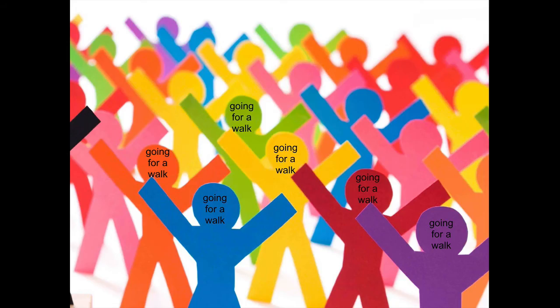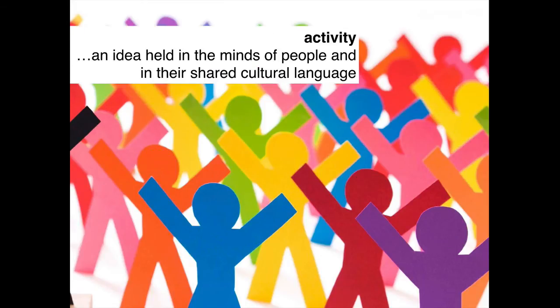Let's think of going for a walk to give an example of how to differentiate between activity and occupation from Pierce's perspective. If I say, let's go for a walk, or we're going for a walk, or we all went for a walk on the weekend, we all have a rough idea in our heads as to what that means.